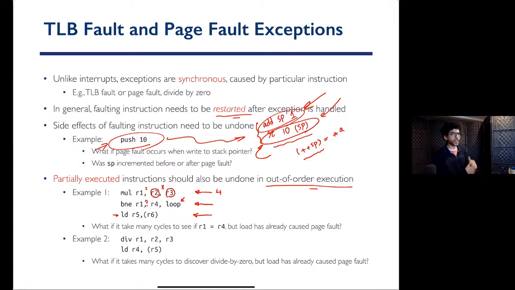So I'm going to say with high probability this branch is not going to be taken. So I'm going to start executing this load in a speculative manner.